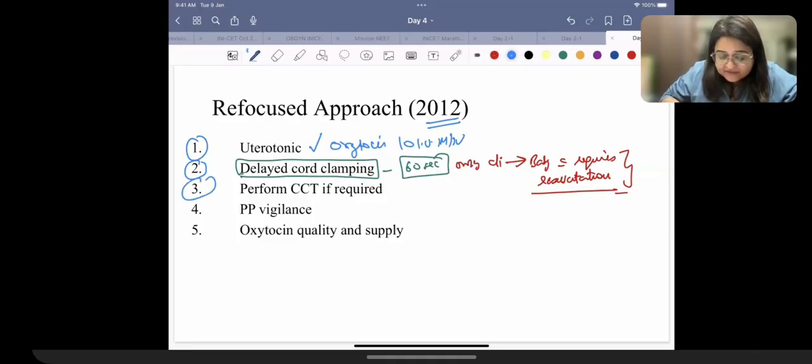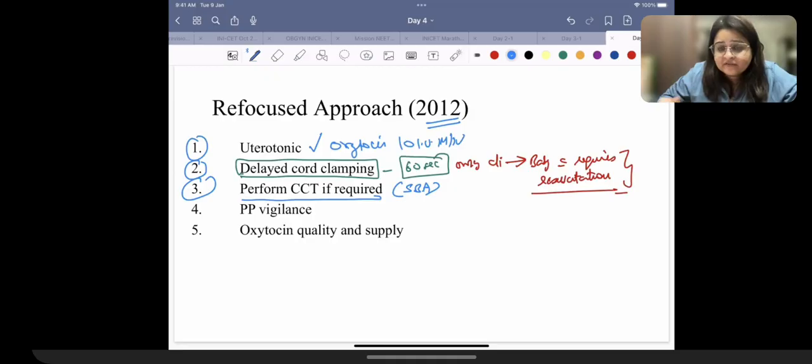The third thing is the WHO says perform a controlled cord traction if required, and only in the presence of whom? Only in the presence of a skilled birth attendant, because it was being found that with CCT, uterine inversions were happening.